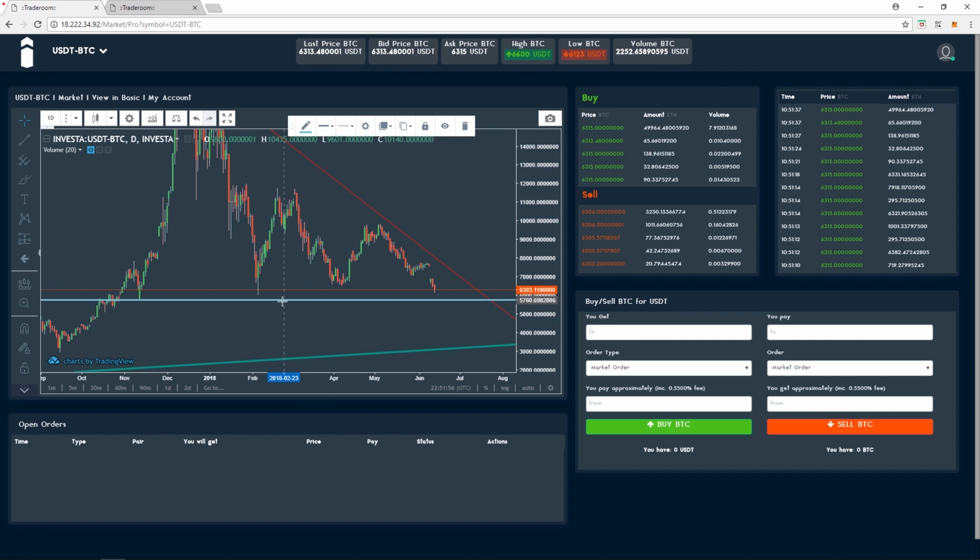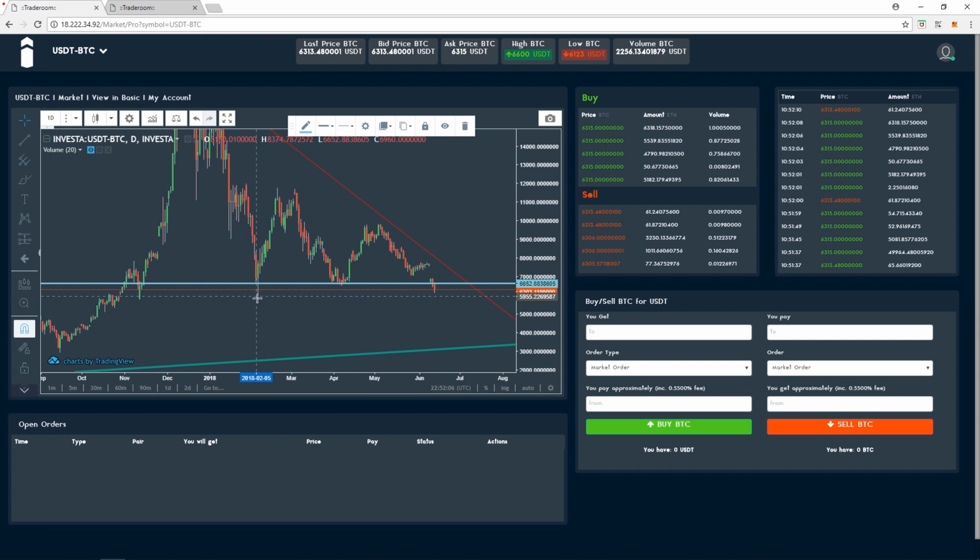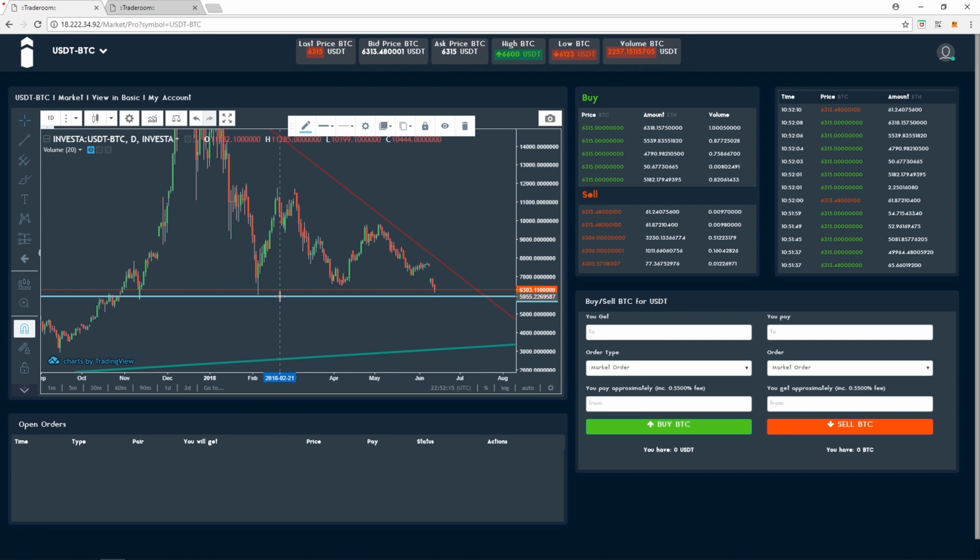So between this low, which is 5,750, and this low, which is 6,000, we have our main support. So this support is expected to hold. Why, you are asking?